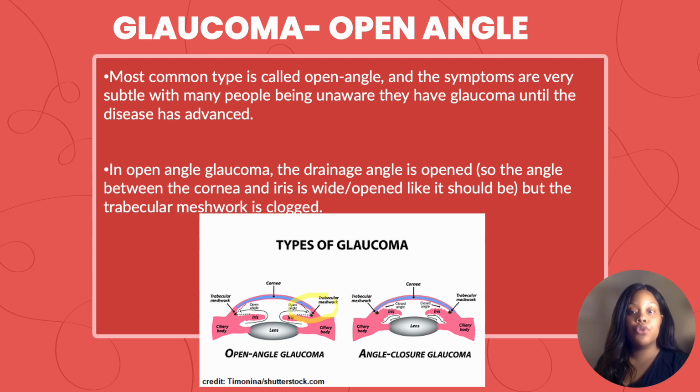Therefore, your aqueous humor does not drain out, but stays in the eye and causes increased intraocular pressure. This pressure will compress the optic nerve, and over time, this will cause vision loss. So if our optic nerve is being compressed, what did we say the job of the optic nerve was?